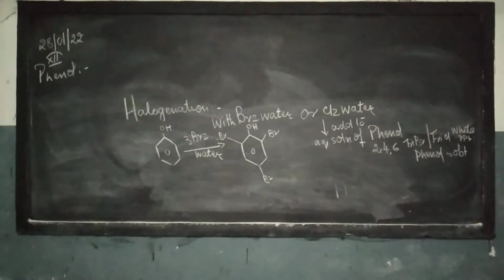If we are using chlorine, then a white precipitate of 2,4,6 trichlorophenol is obtained.